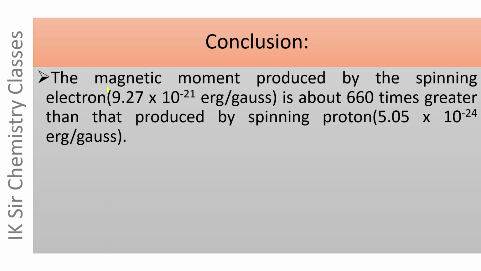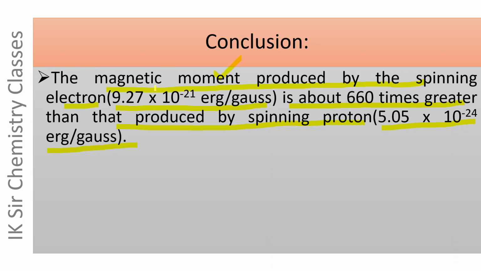The magnetic moment produced by a spinning electron, that is beta, and its value is 9.27 into 10 to the power minus 21 erg per Gauss, and this magnetic moment produced by a spinning electron is about 660 times greater than that produced by a spinning proton, and its value is 5.05 into 10 to the power minus 24 erg per Gauss.